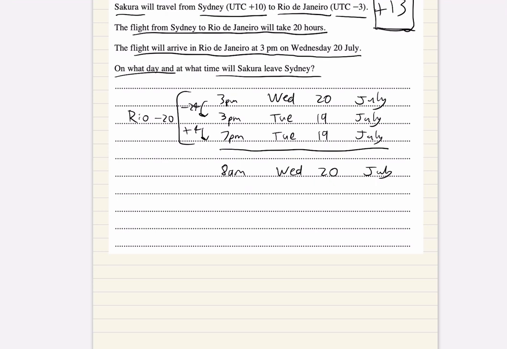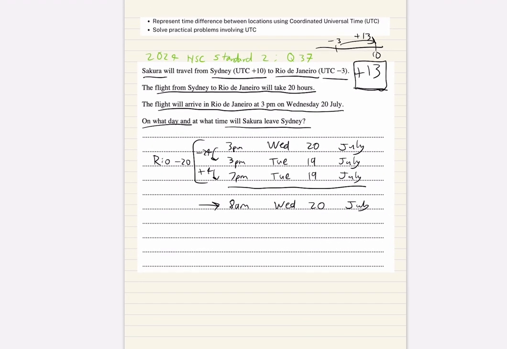The days tick over to Wednesday, this becomes the 20th, and it's still in July. Then you just tick over one more hour to make it 13, so 8 a.m. Therefore, that is the time the flight will leave in Sydney time.